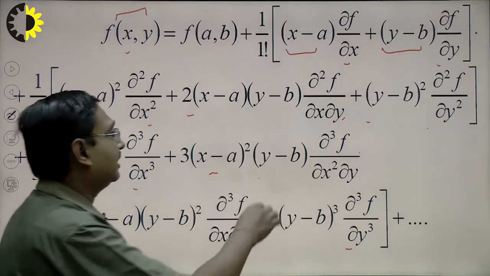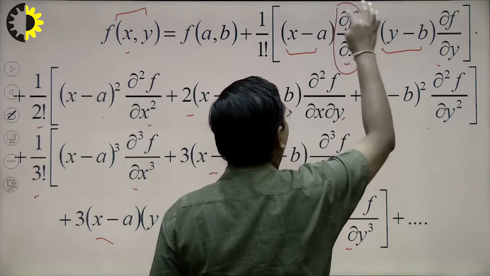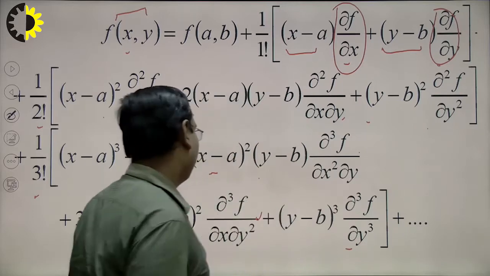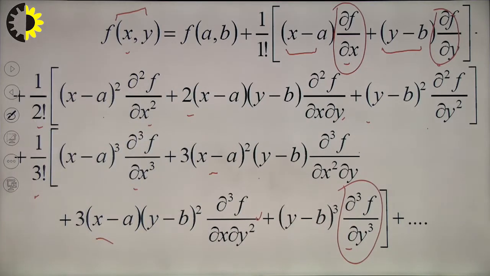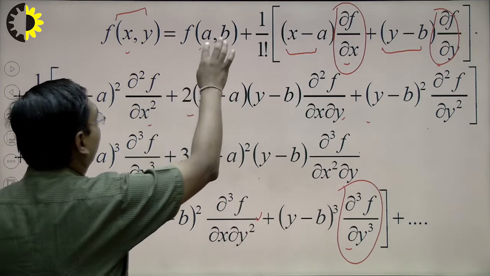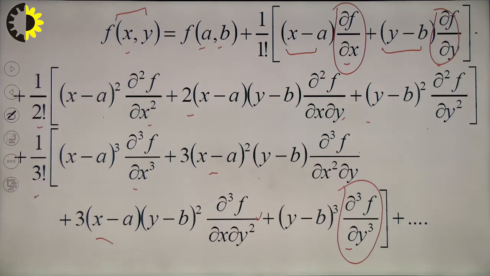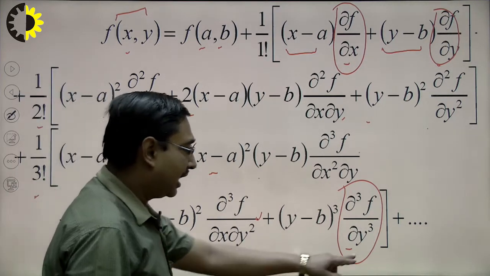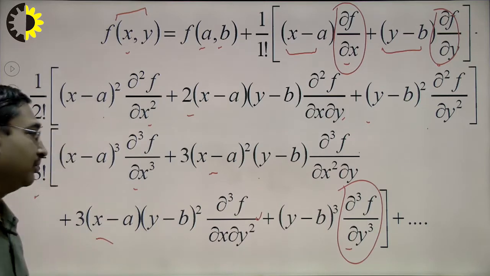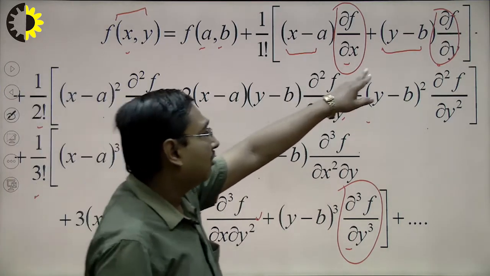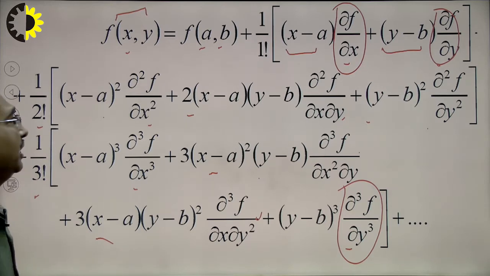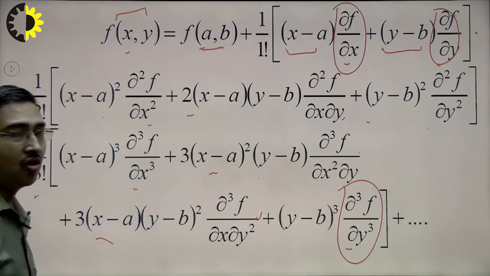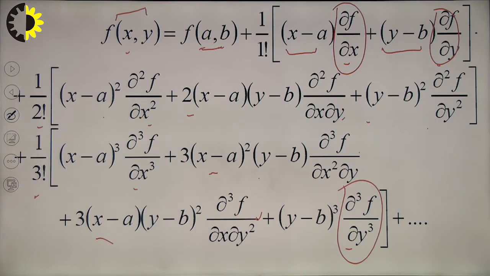All these partial derivatives occurring here, del f over del x, del f over del y up to del 3f over del y cube, are calculated at the point (a, b). For simplicity of notation I have not mentioned a comma b here, but the value of each partial derivative occurring in the formula is to be calculated at this point (a, b), about which expansion is required.